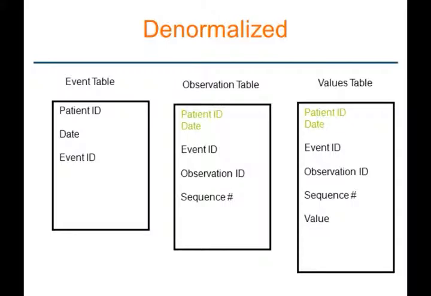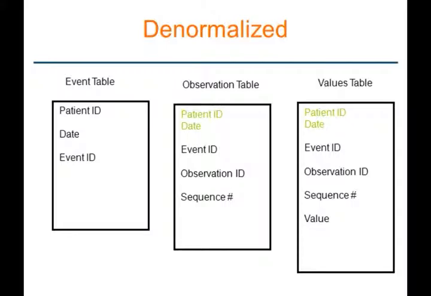So now imagine that query that I talked about before, where you want to get all of the potassium values, which is a lab test, for a certain patient that are within a certain range of time. Now, because I have the patient ID and I have the date, 2 columns that were known to be very important, that were only stored in the event table, are now stored in the values table.